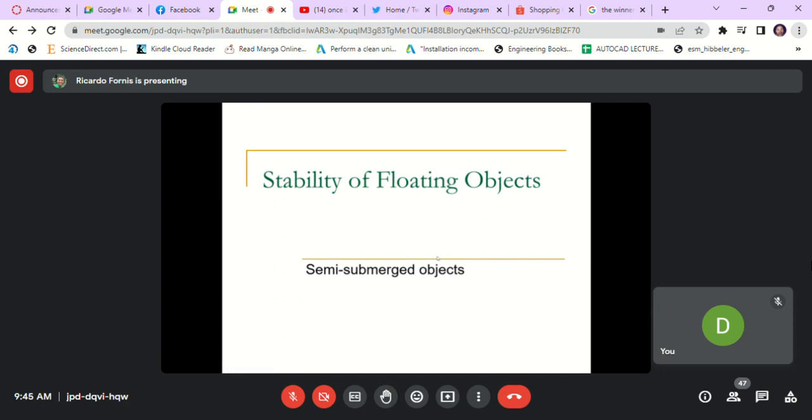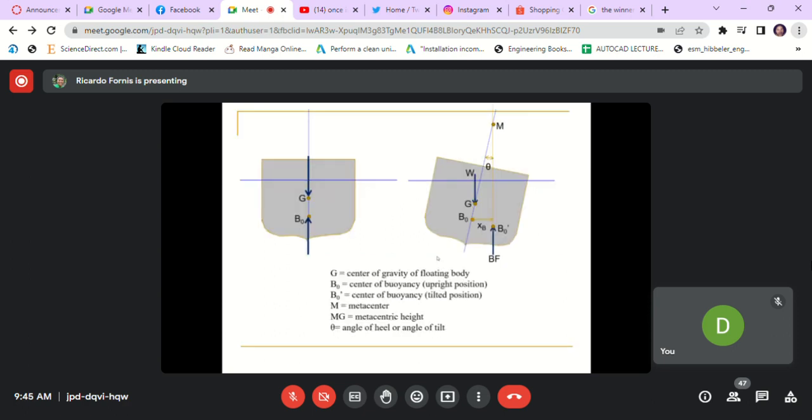I hope you still remember that one. According to the principle, if the body is immersed, then it is buoyed up by an upward force, the amount of which equals the weight of the liquid displaced. But our focus now is on the stability aspect of the floating object.